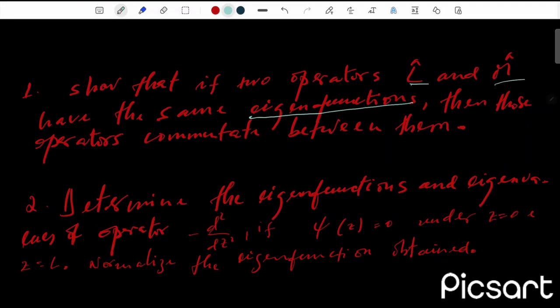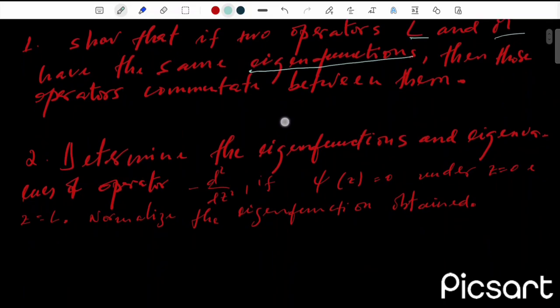For this video the new word here is eigenfunction, where before solving these exercises we will talk about eigenfunctions and eigenvalues of an operator.